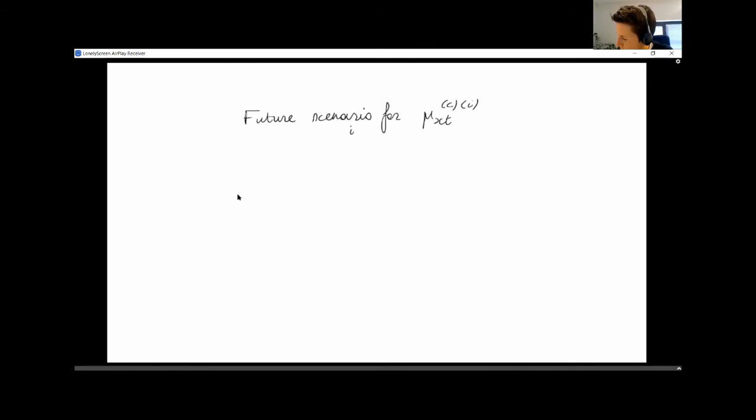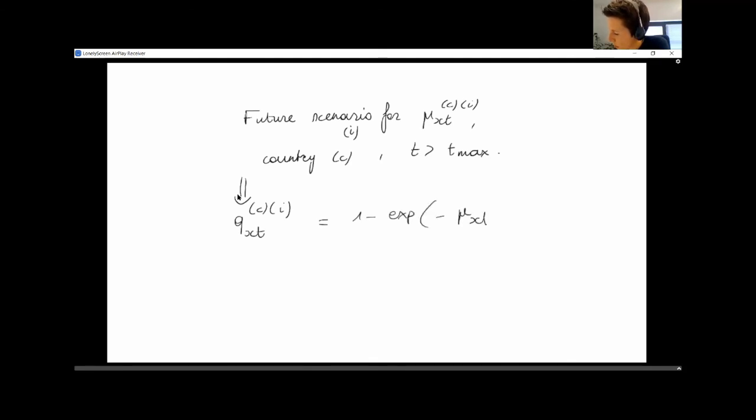So I is my scenario and C is the country that I'm looking at. And my year T should be beyond my most recently available time period, T max. So that can always be translated then into a similar scenario for the Q by using the connection that I have like this, right?